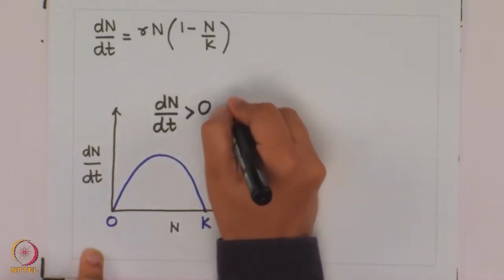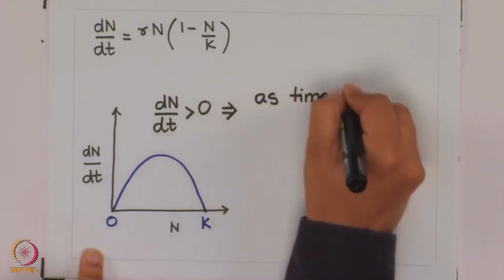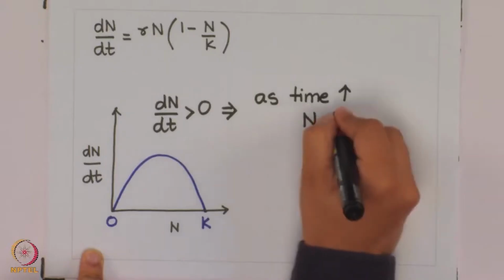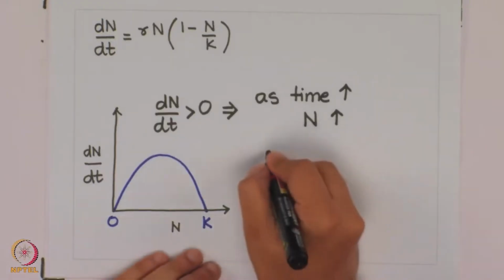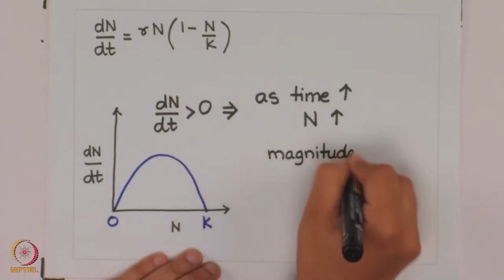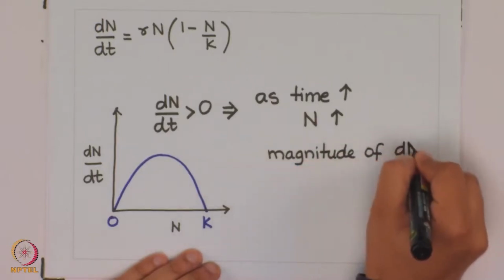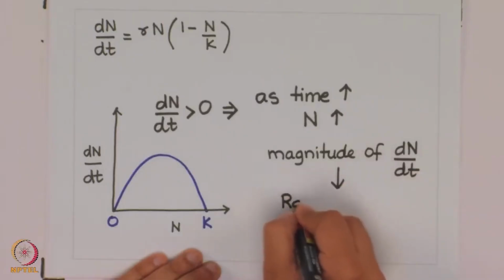What that implies, as we have already seen, is that as time increases, n also increases. But there is one more thing that we should realize, that we have been looking at only the sign associated with dn by dt. Does the magnitude of dn by dt also tell us something? And if we look at it, the magnitude of dn by dt tells me about the rate at which this increase is happening.